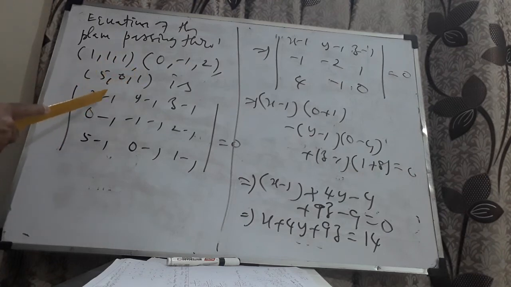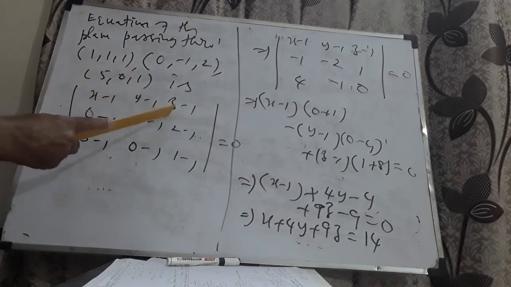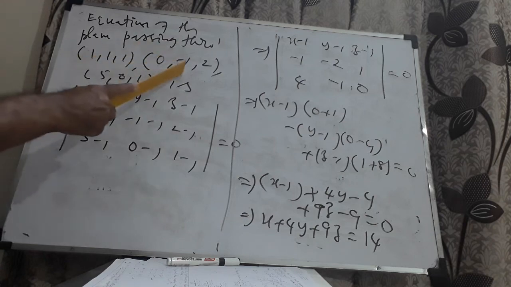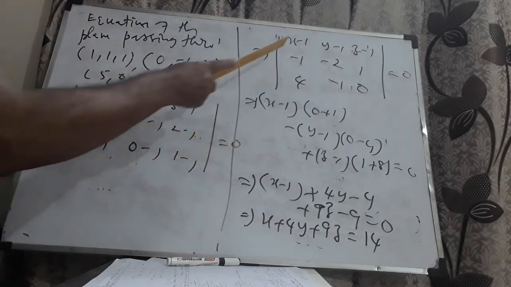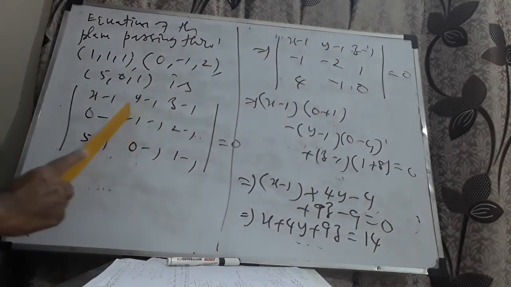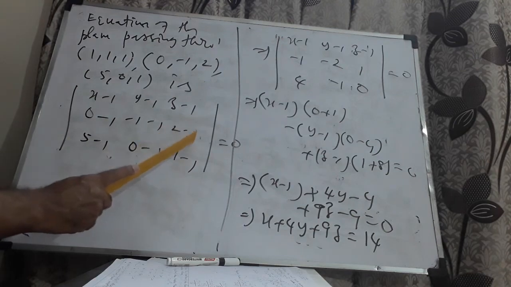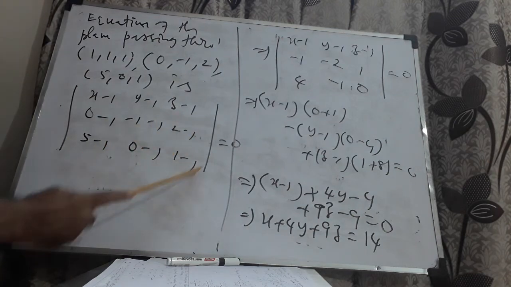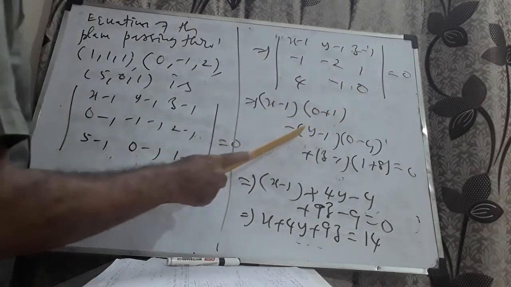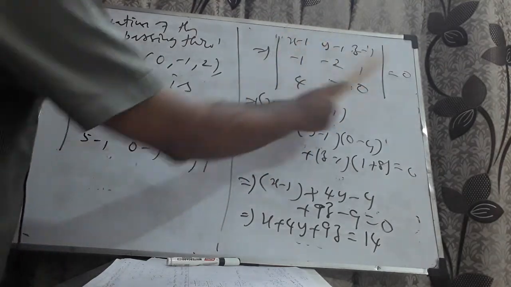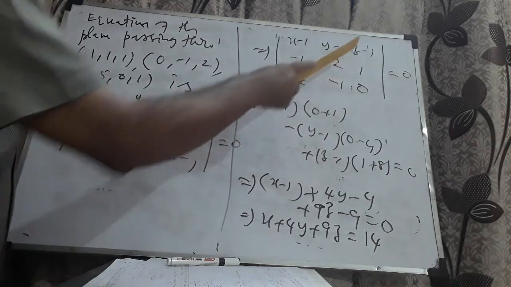Now x minus x1 is x minus 1, y minus y1 is y minus 1, z minus 1. Then 0 minus 1, minus 1 minus 1, 2 minus 1, and 5 minus 1, 0 minus 1, 1 minus 1, equal to 0. The determinant is x minus 1, y minus 1, z minus 1; minus 1, minus 2, 1; 4, minus 1, 0. X minus 1 into, removing the row and column, 0 plus 1. Minus of y minus 1 into, removing the row and column, 0 minus 4.